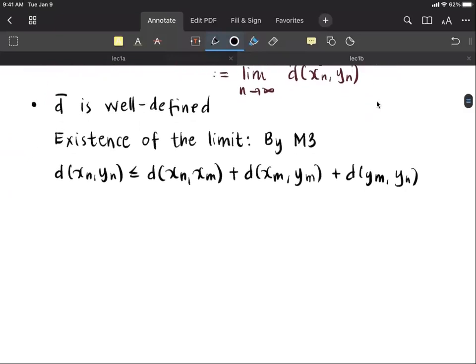And this implies that, by subtracting the distance between xm and ym from both sides, we will have this inequality.